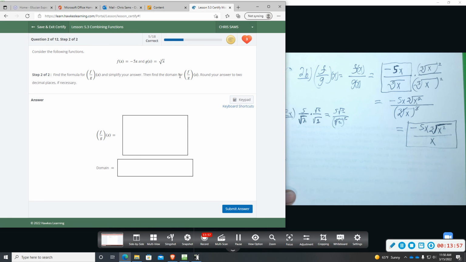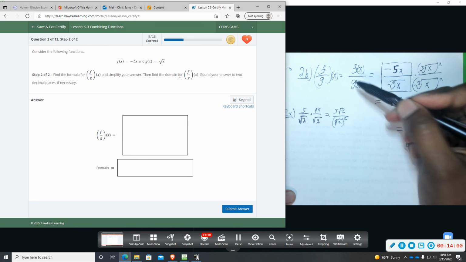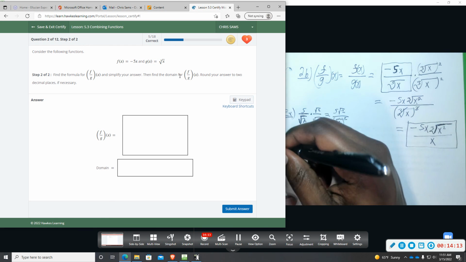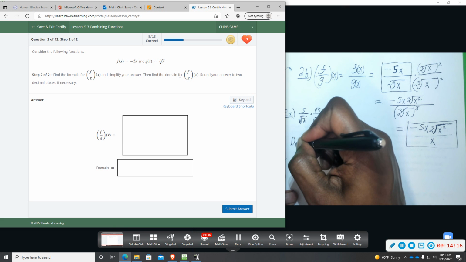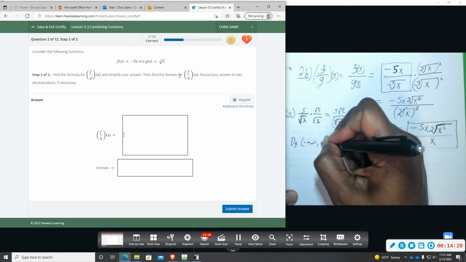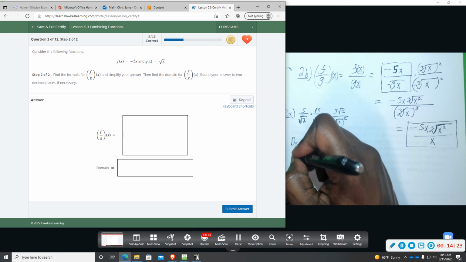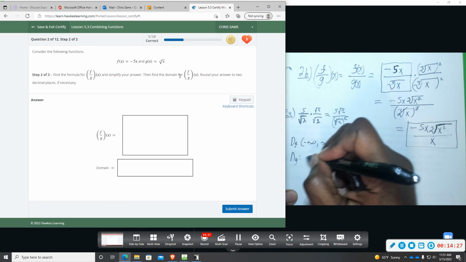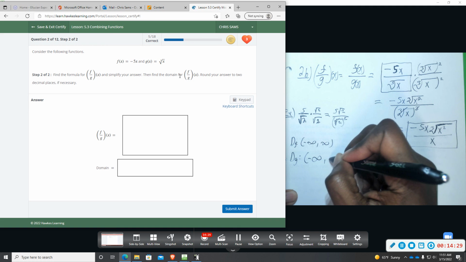And then let's talk about the domains. So we talked about the domains of f and g on the previous problem. I might have got rid of it. The domain of f, okay, was all real, and also the domain of g was all real.